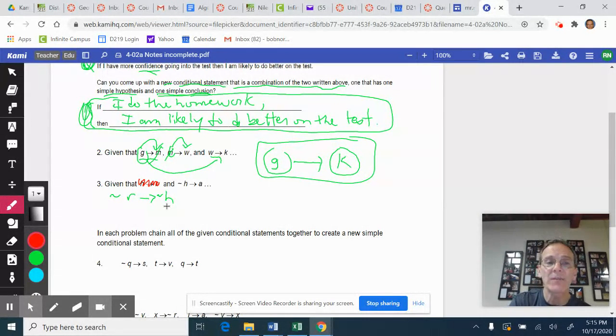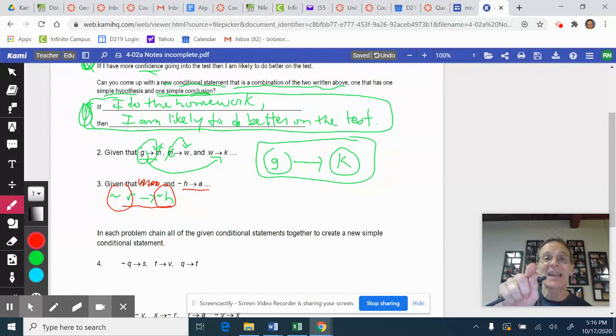And now look at what I've got now. See, now I have this second original statement and a new version of the first statement. And do you see how this has been helpful to us? Because now there is a link between those two statements, right? A common link. It's that not H. Tipping the not R domino causes the not H domino to fall.